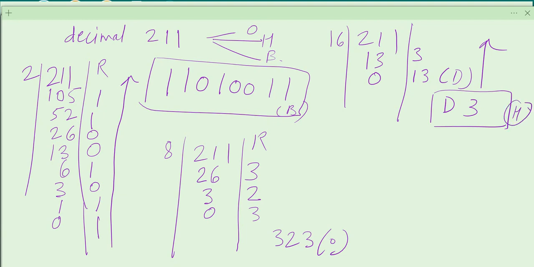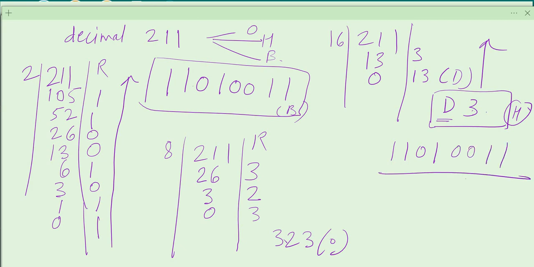Now we have got answers in decimal, hex, octal and binary. They all should be the same. Now we know the interconversion between them, so let's confirm that. What is D? C is 1100, D is 1101, and 3 is 0011.